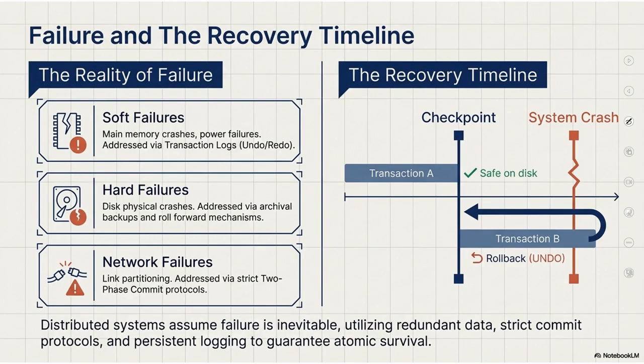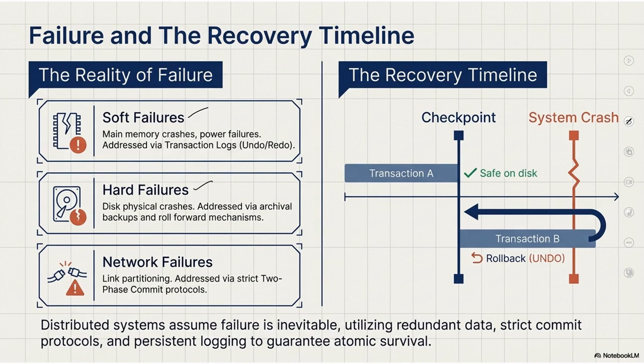And we have failure and recovery timelines. We have three types of failures here. Soft failure: a memory crash or power failure. This is called soft failure in distributed systems.